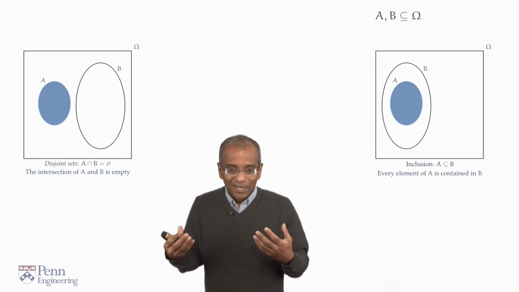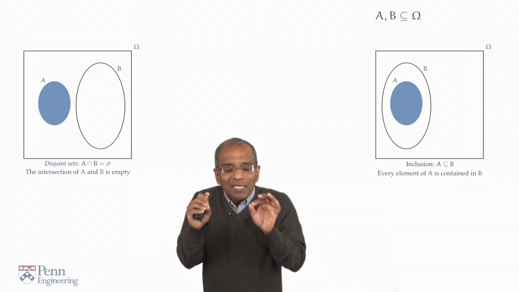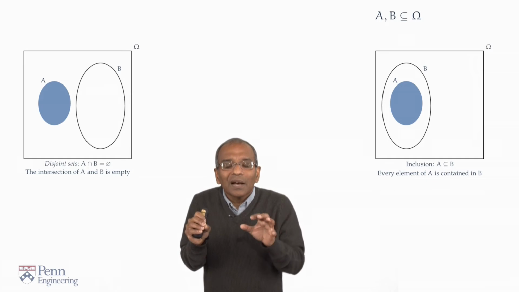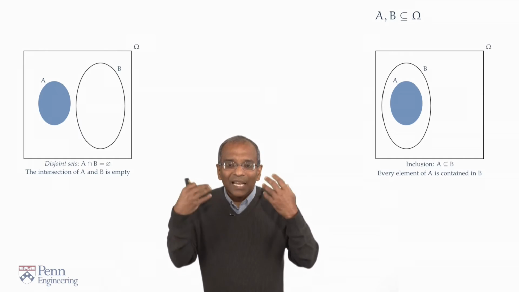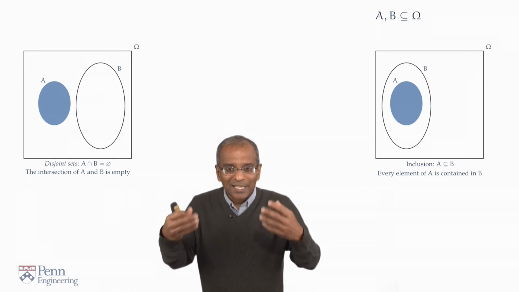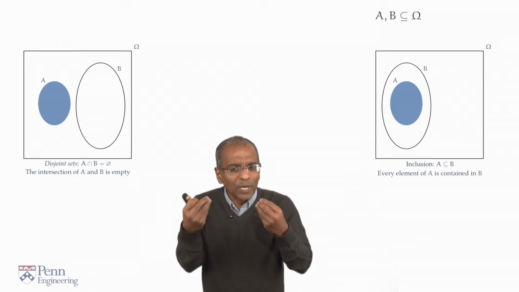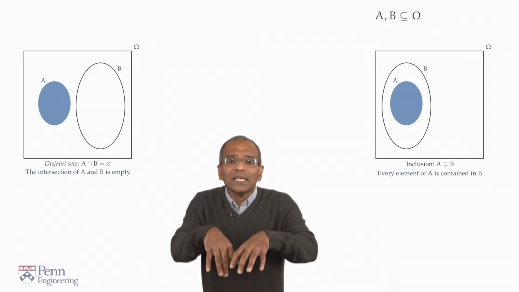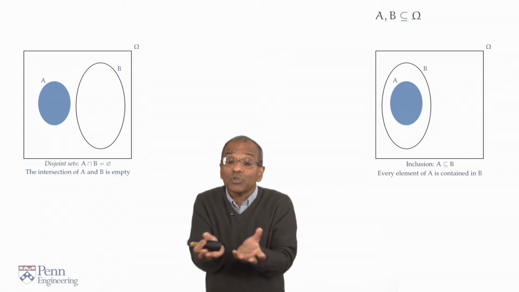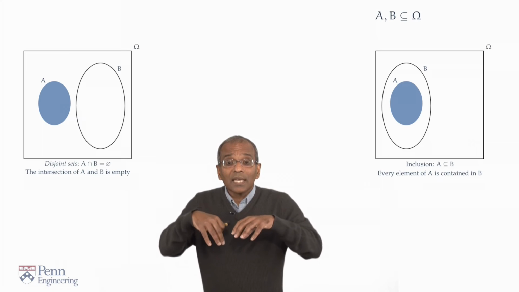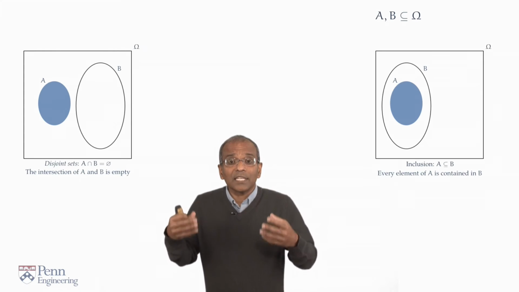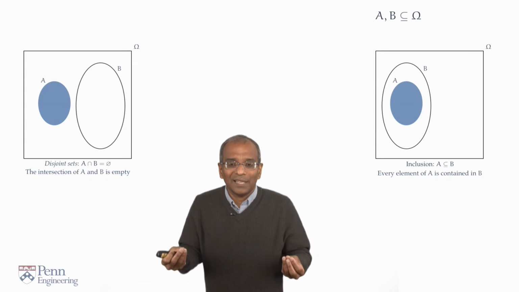We write A, and then a symbol denoting a cup, upside down, B. In words, we say A intersection B, and this is a small and quick preview of the set operation intersection, which we'll encounter on the next slide. And we say that A intersection B is empty.